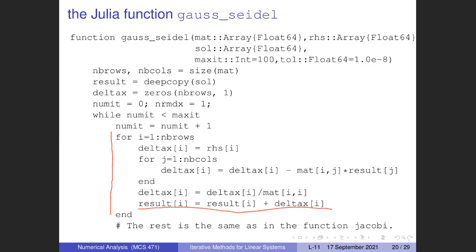This is the loop where we update the delta x immediately, where we update the result immediately. So the calculation of the update and the update of the solution happen at the same time. It's not done at the same moment as on the previous slide.